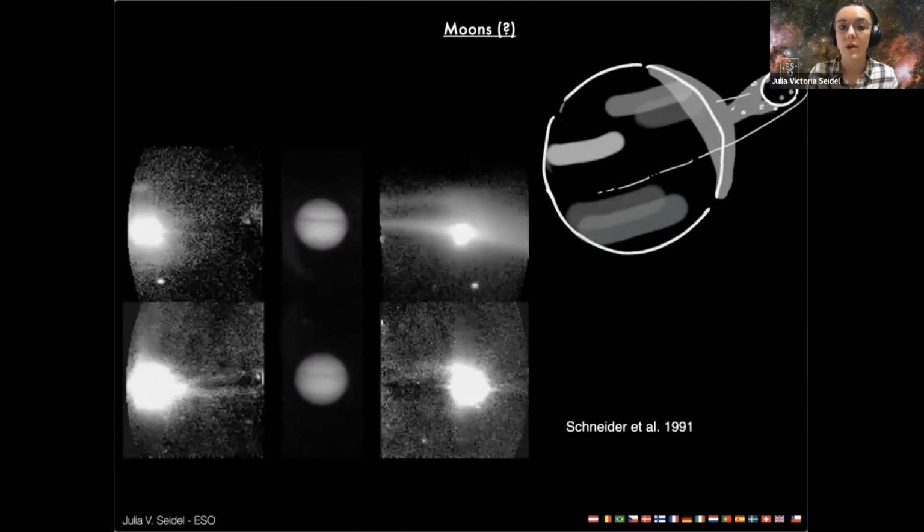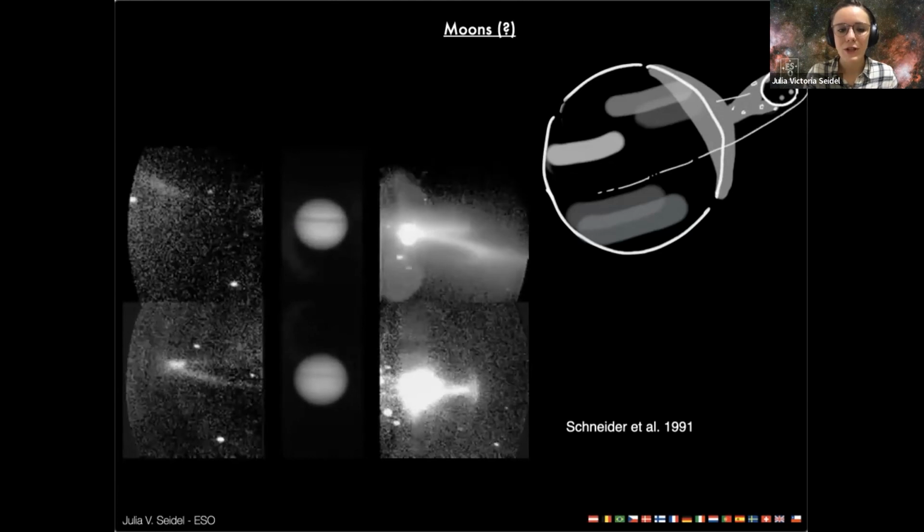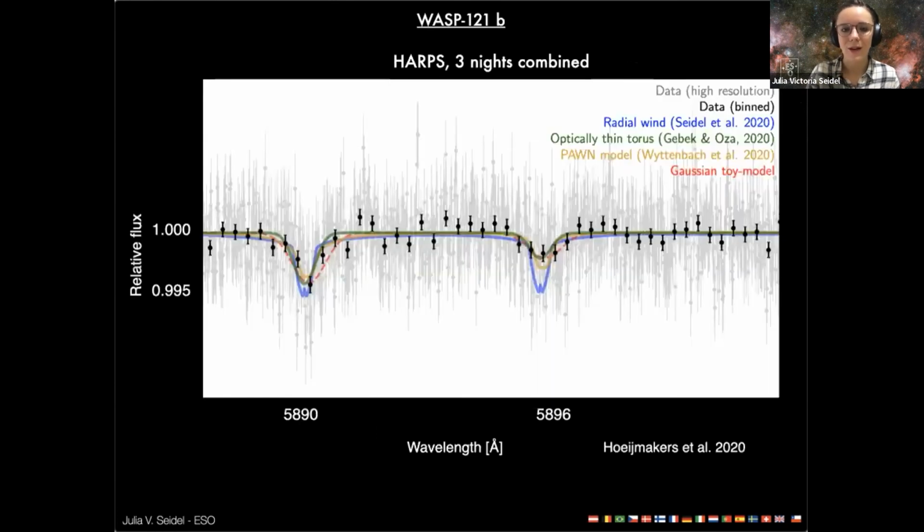That is pure sodium, which led my colleague Oza to believe maybe for some of these planets where we see sodium, the sodium doesn't actually come from the planet itself, where it should be ionized, if not protected by a magnetic field.